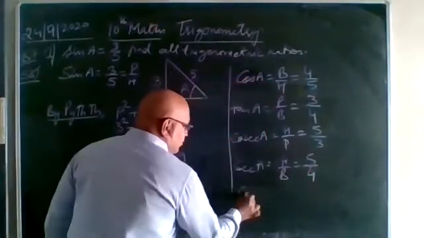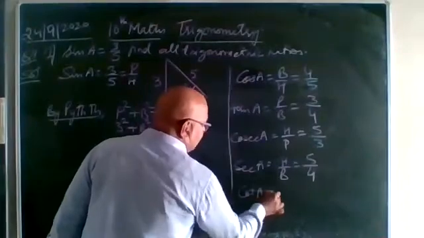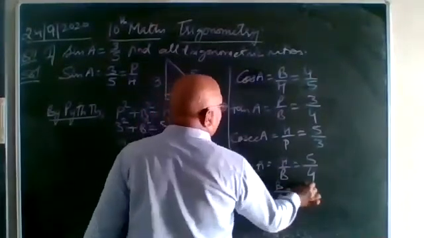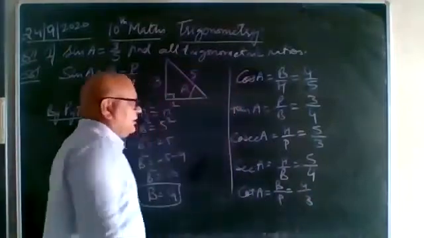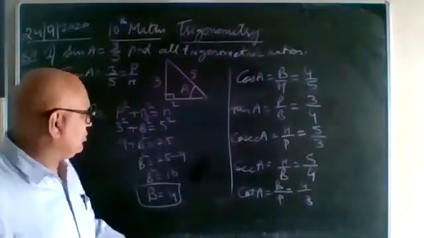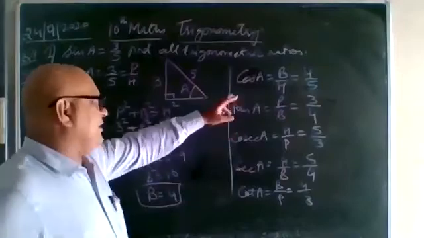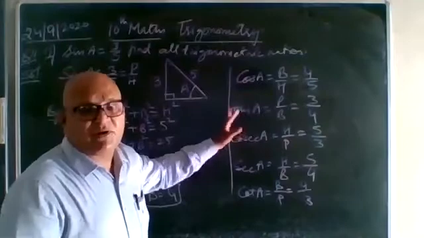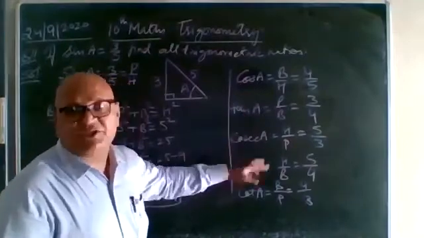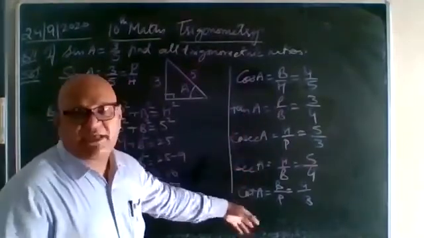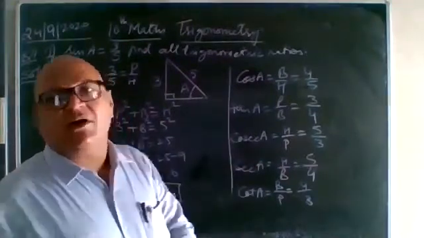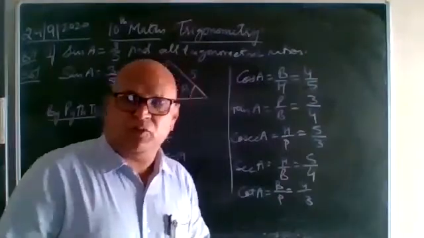And after that, cot A, you will find base upon perpendicular, that is 4 upon 3. You can say it like this also: tan A is sin A by cos A, cosec A is the reciprocal of sin A, sec A is the reciprocal of cos A, cot A is the reciprocal of tan A or cos A upon sin A. So this is how you can do.